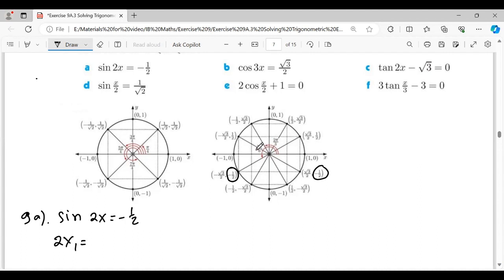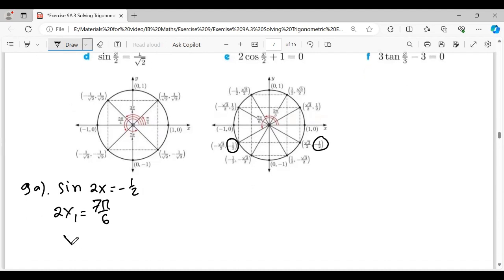7 over 6, 7 pi over 6. It means x1 is 7 pi over 12. X2, now 2x2 equals this one, 11 pi over 6, or x2 equals 11 pi over 12.